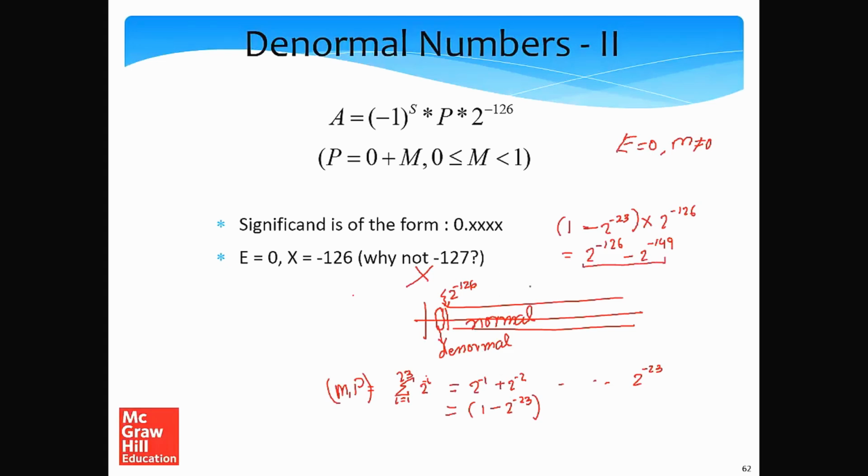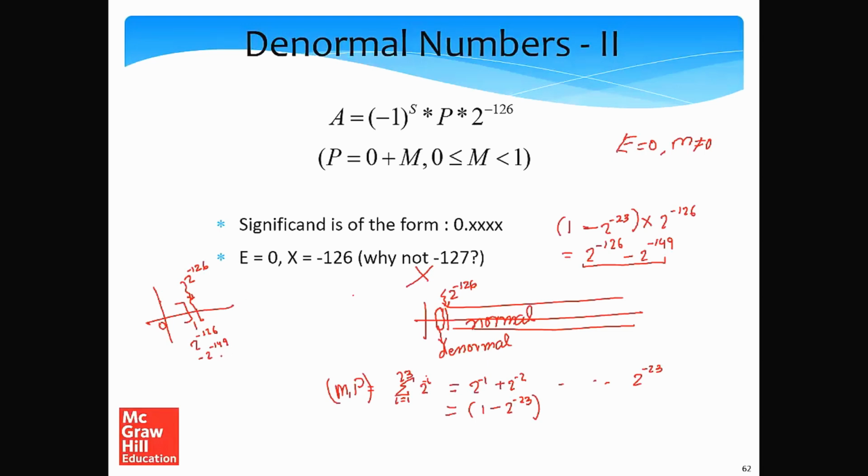So if we take the number line, and if this point is 0, the largest denormal number is at this point, and the smallest normal number is at this point, right? As we see, the difference between them is really small, 2 to the power minus 149.